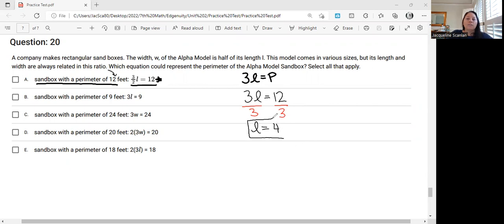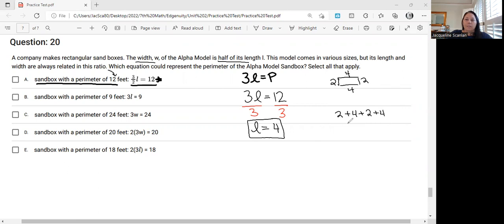Okay, if the length is 4 in a rectangle, and its width is half of it, the width would be 2, half of 4 is 2. I would get 2 plus 4 plus 2 plus 4.